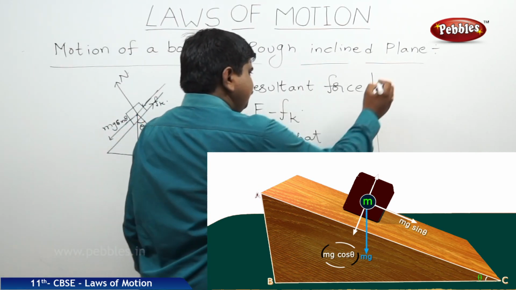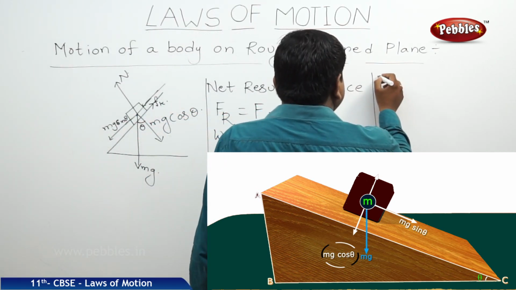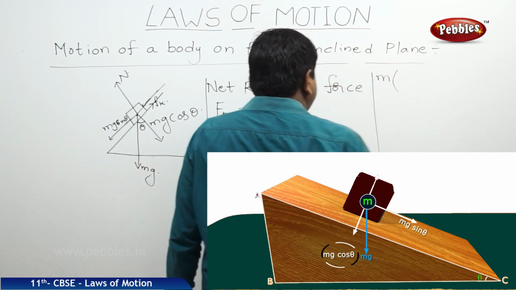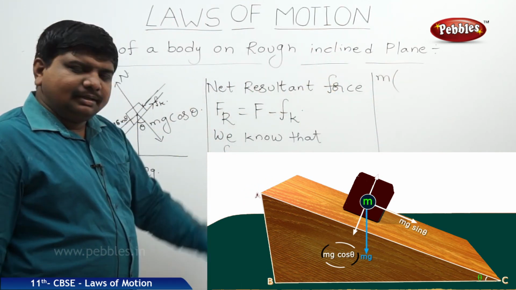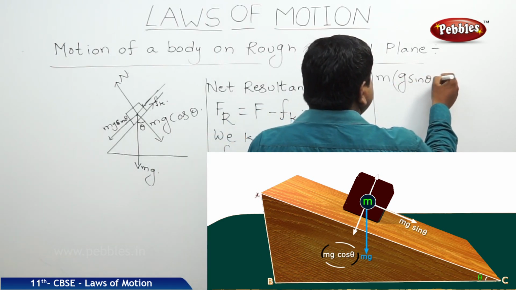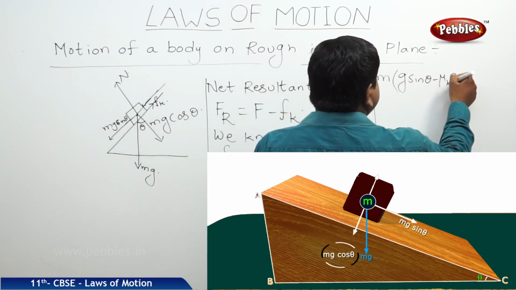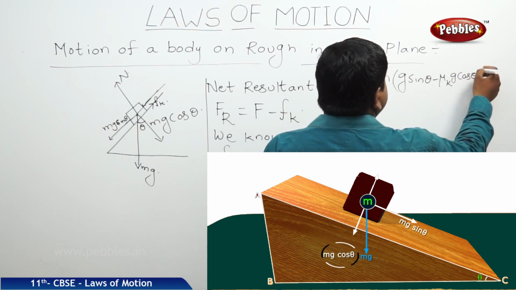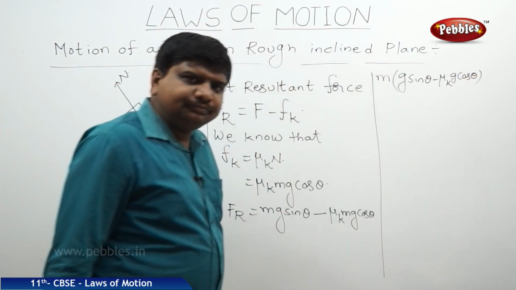Therefore, if we take m as common, it is m (g sin theta minus mu k g cos theta). This is Fr.